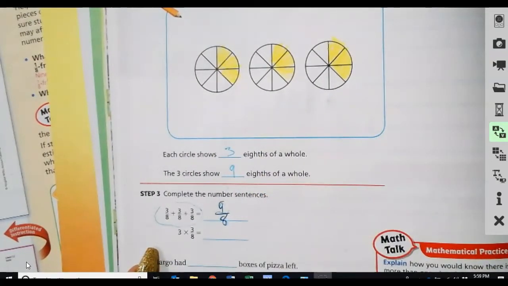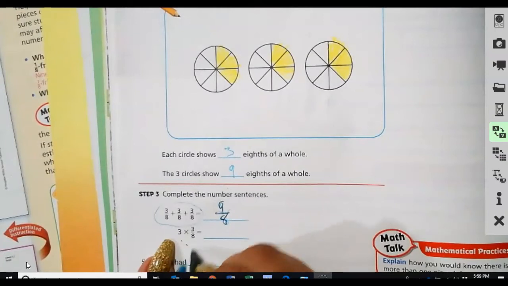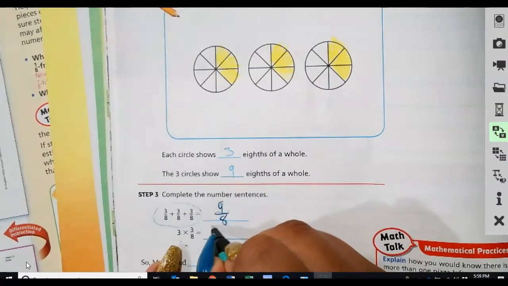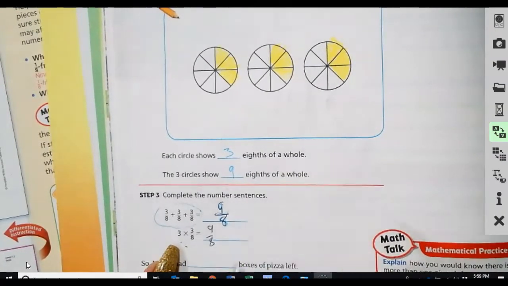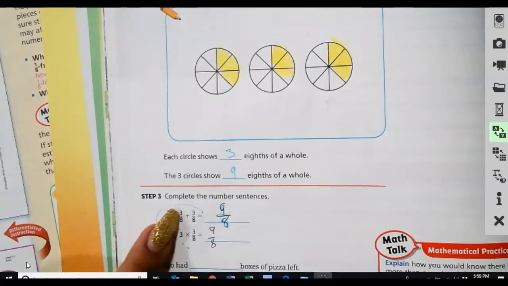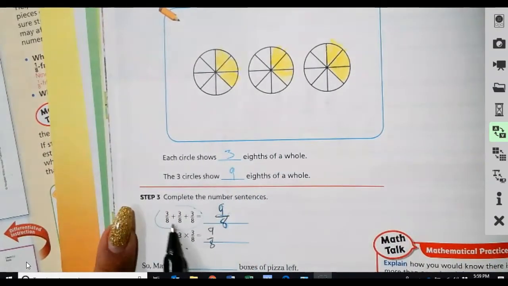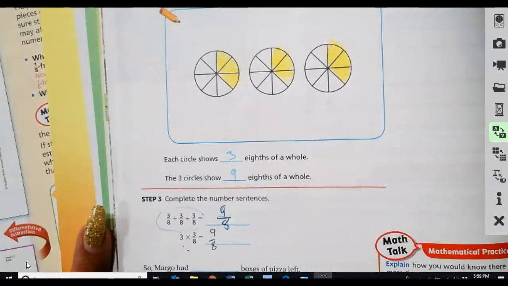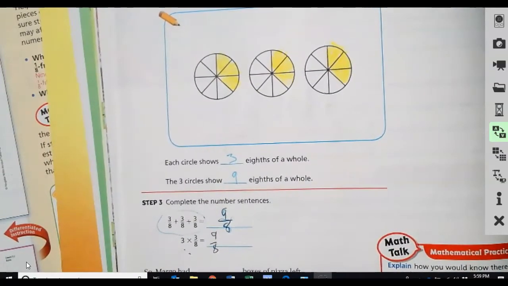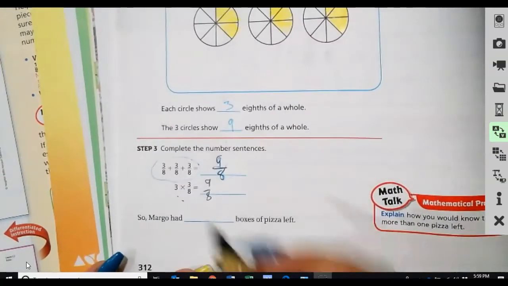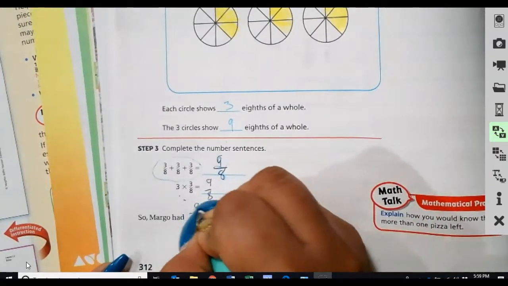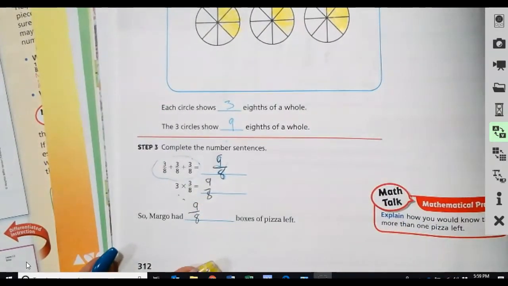Okay, so this is the same thing as saying 3 times 3/8. So that would be 9/8, because that's what we found in our diagram. That's how we did it. We added 3/8 plus 3/8 plus 3/8. So Margot had 9/8.